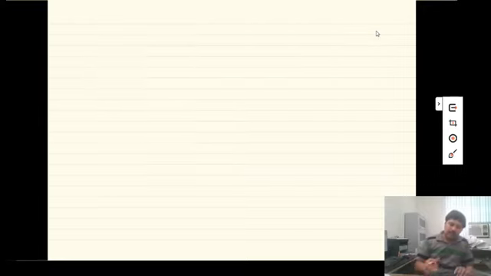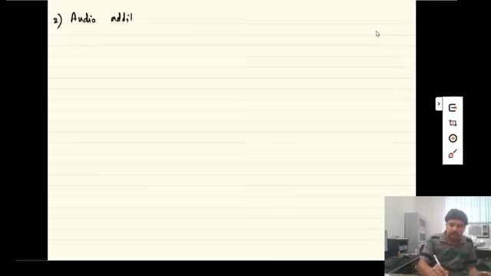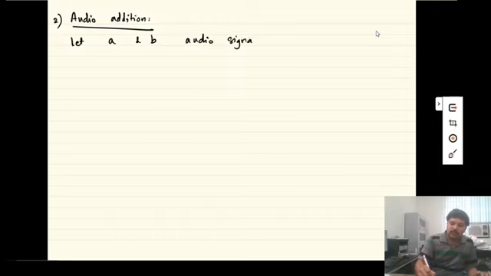The other interesting example of vector addition we can consider is audio addition. So what is this audio addition? Let A and B be audio signals. You can consider them as time series of the same length, audio signals of length n.